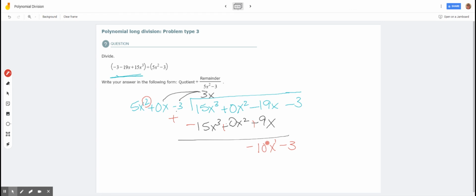You're good to go. So you're going to go 3x plus negative 10x minus 3 over 5x squared minus 3. You just put what was out here, which is 5x squared minus 3, and you put this on top of it and put a plus sign right there. And you should be good to go.